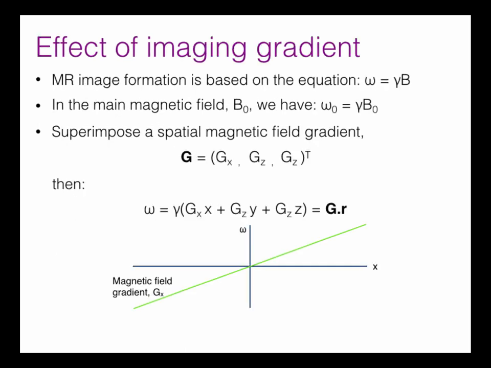So once again, let's talk about the imaging gradient. The imaging gradient, as we noted before, can be applied in any direction in space. So we can have the X component, the Y component, and the Z component.